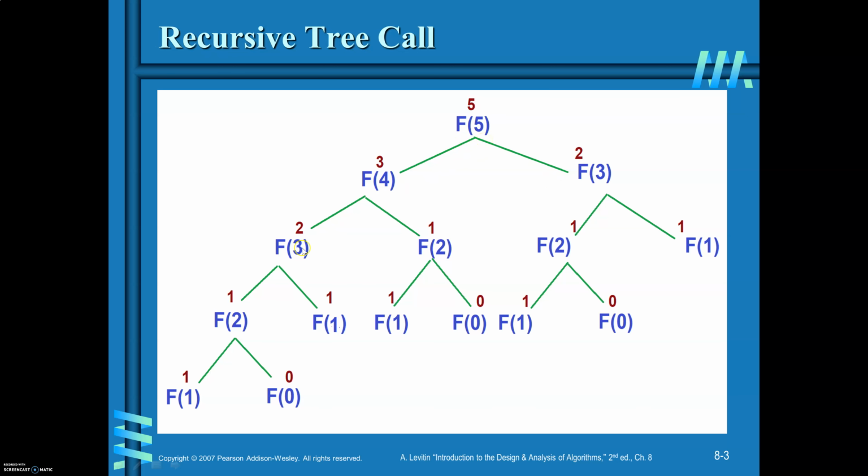In turn, F4 calls for F3 and F2, and F3 is called for F2 and F1. So like this, it will be called more than once. F2 is called more than once, F3 is called more than once. So like this, you are solving smaller subinstances more than once.